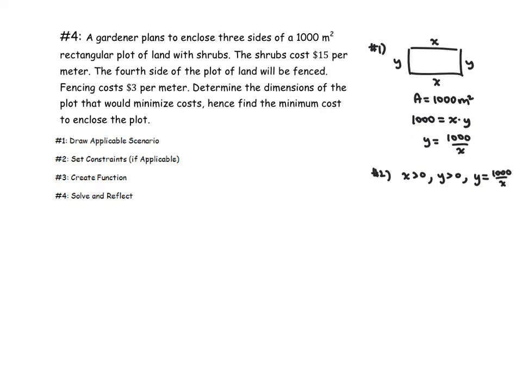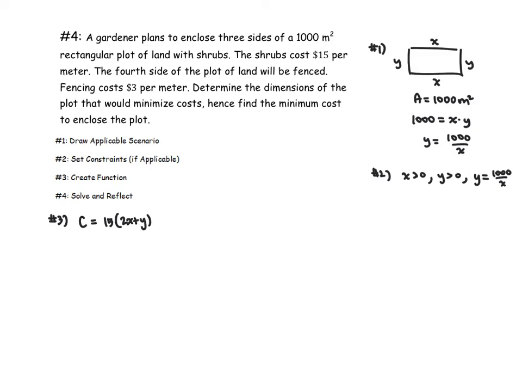Okay, number 3, let's create a function. We have to create a cost function. How I'm going to create a cost function, and I'm going to move myself over here to the left side, is the cost is going to be 3 sides of which will cost $15 per meter. Okay, this is the shrubs. Now I'm going to write this as 2x plus y.